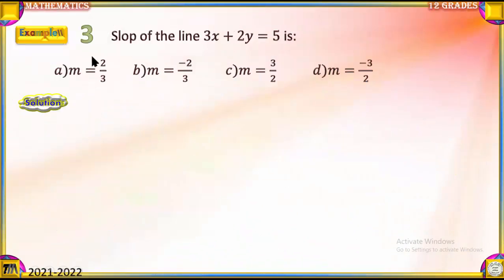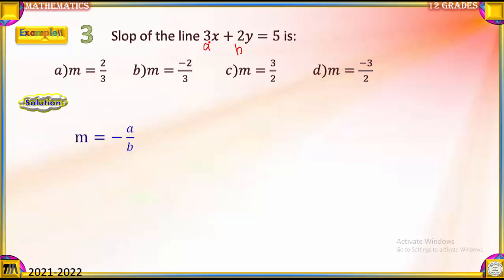Example number 3. The slope of the line 3x plus 2y equals 5 is. To find the slope of a line in the general form, we use m equals minus a over b. Here in this equation, a is 3 and b is 2.